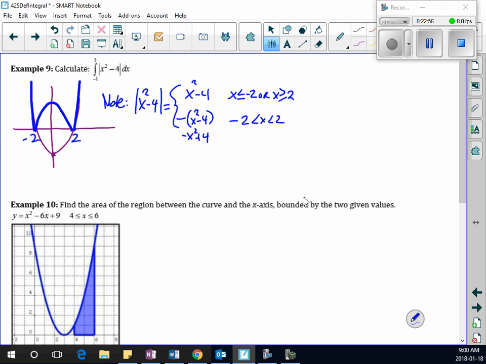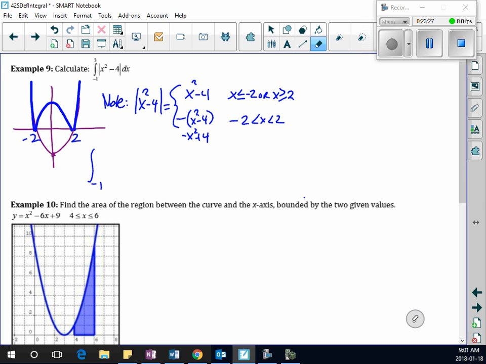So that means I need to break this integral into that. So it's not just blindly plugging this into the FTC formula. You need to know what the function looks like. Although this is continuous, that means I can calculate it, but I need to use different functions based on different parts of the graph. So negative 1 to negative 2, I'm going to use, that's less than negative 2, so that's going to be x squared minus 4 dx plus, sorry, what am I doing?